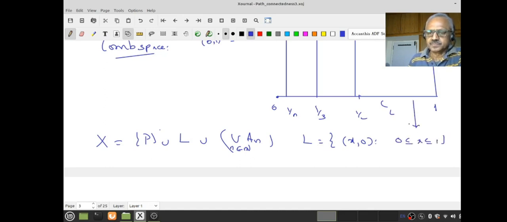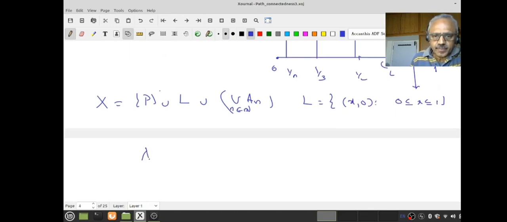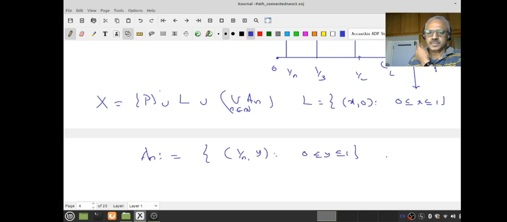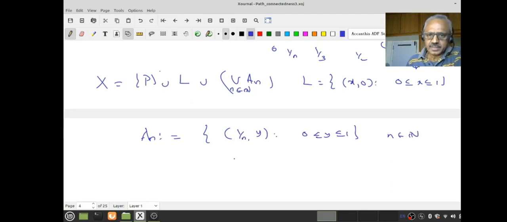And what are the A_n's? A_n is the set of all points (1/n, y), where 0 less than or equal to y less than or equal to 1, n a natural number starting from n equal to 1 onwards. I hope all of these things are done. Of course, X has the subspace topology as a subset of R^2.